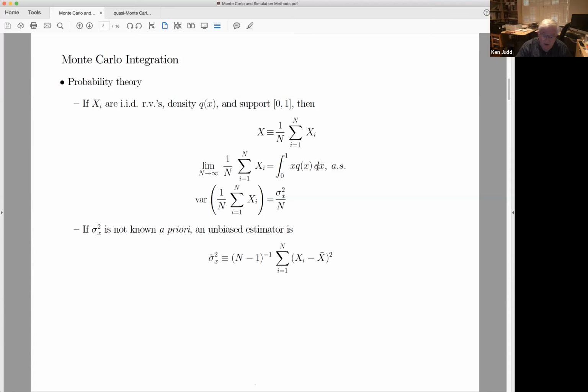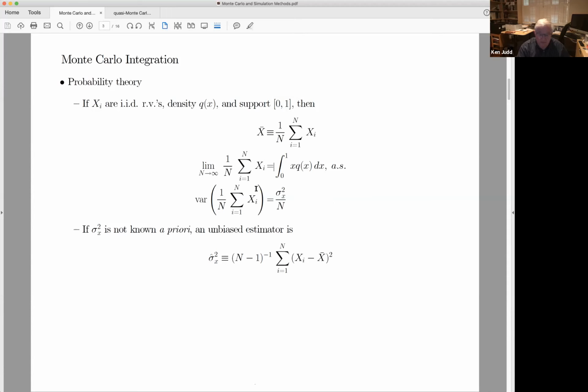So you can say, well, if I want to integrate this function x against some density Q of x, all I have to do is generate a lot of random draws from this density Q. That's one way of approximating this integral.